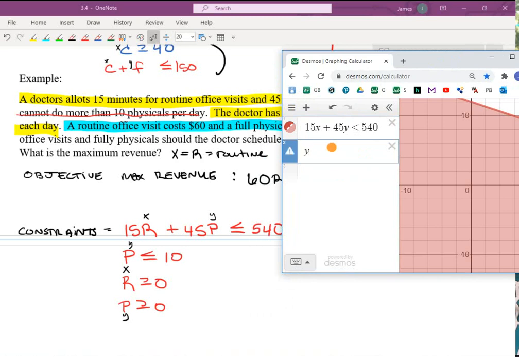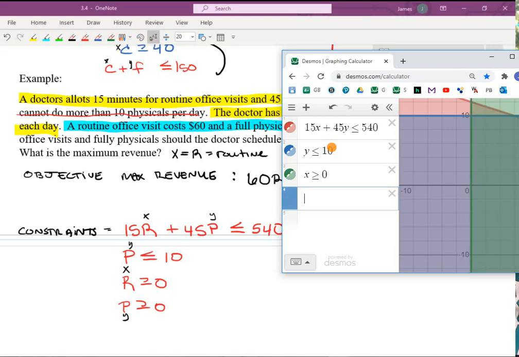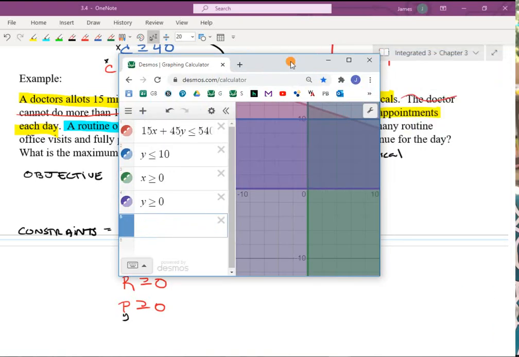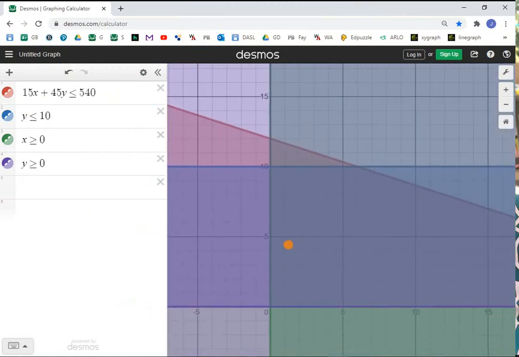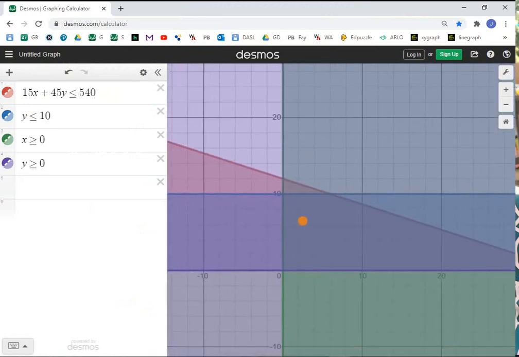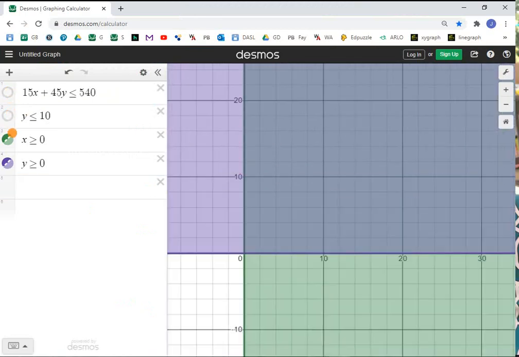Y is less than or equal to 10. X has to be greater than or equal to 0. And Y has to be greater than or equal to 0. So I like to just write them all out first, and then I'll go back and toggle them to see where they intersect.